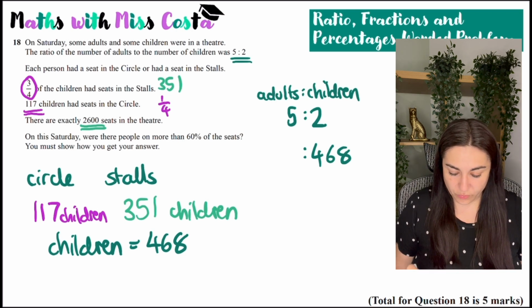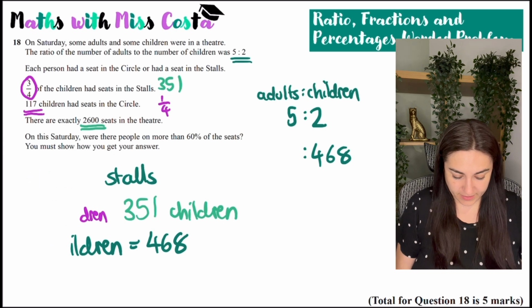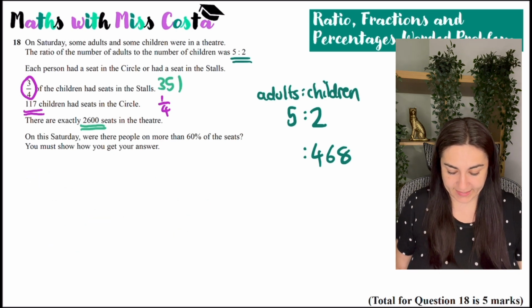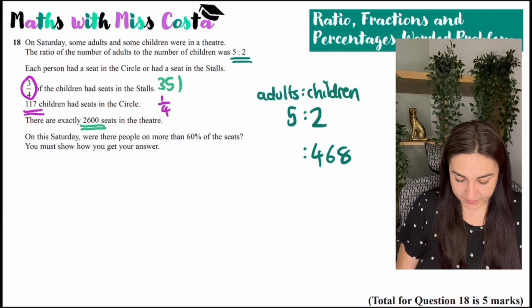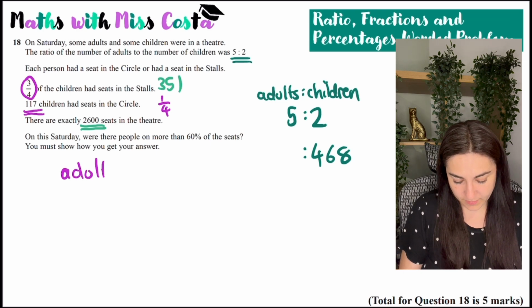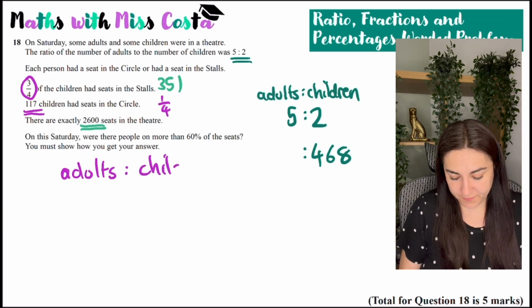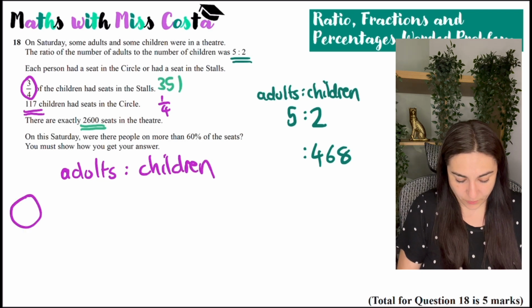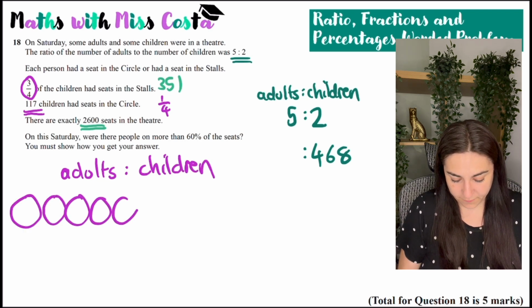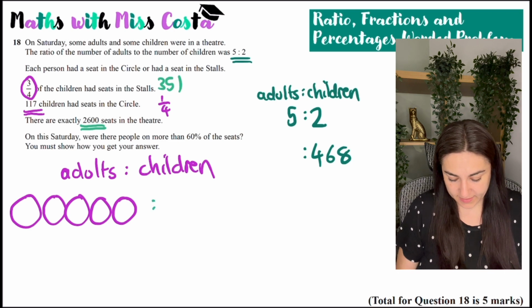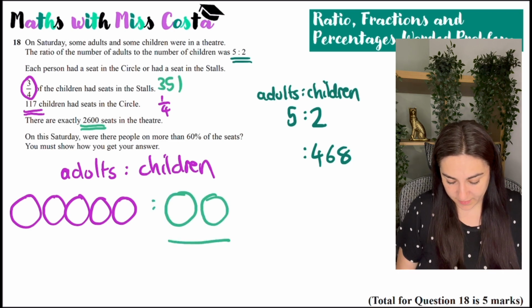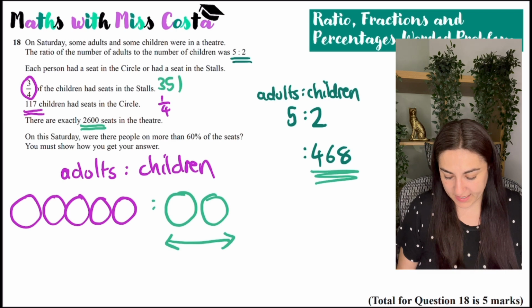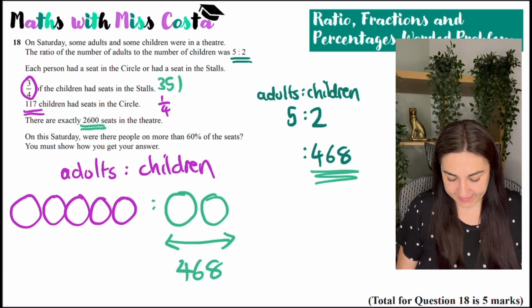So the ratio, I could draw this in parts to make it easier. So I know that adults to children is 5:2. So 1, 2, 3, 4, 5 parts to 2 parts. And I know that these 2 parts must make up 468.